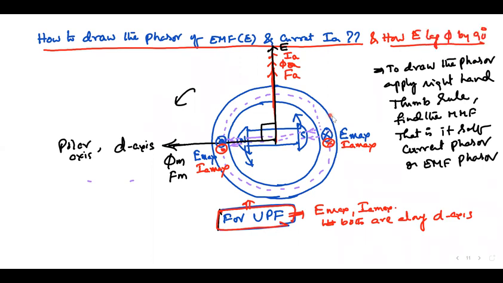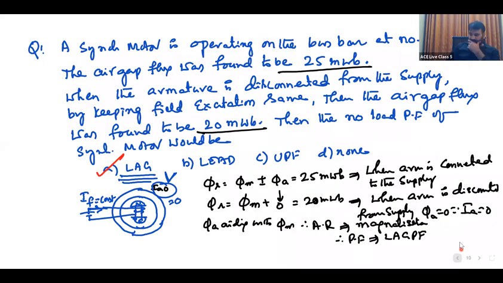Can you explain the angle between the main field and the terminal voltage? You see it from the phasor diagram.